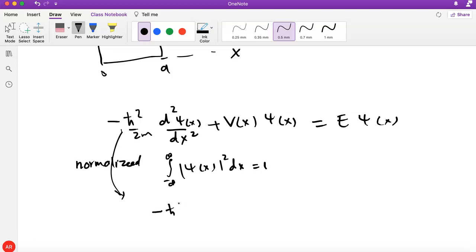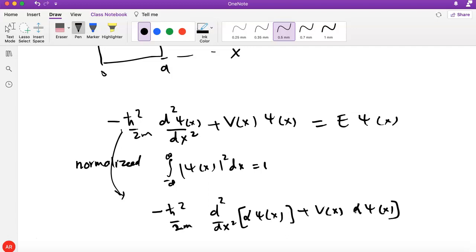So then I can write alpha psi of x plus V of x. Again, alpha is some constant, so I absorb it here, it is E alpha psi of x. I didn't do anything.